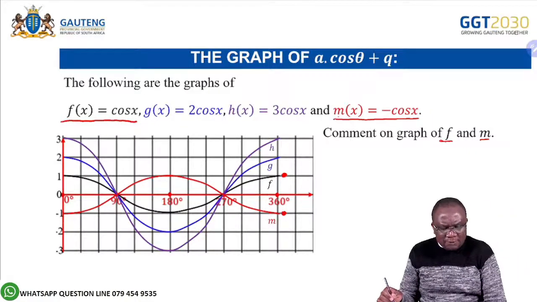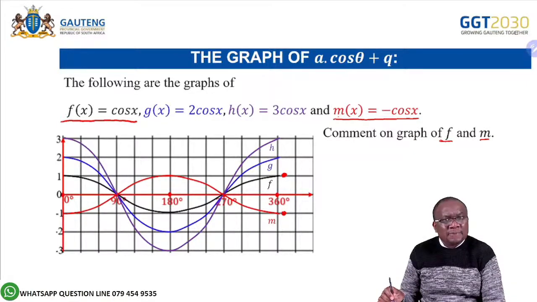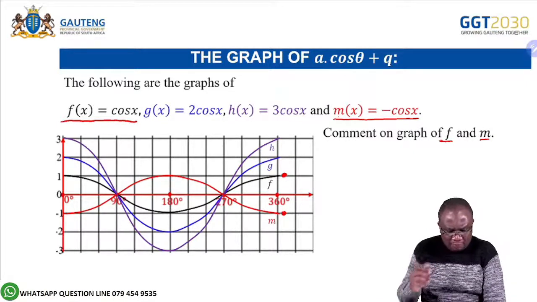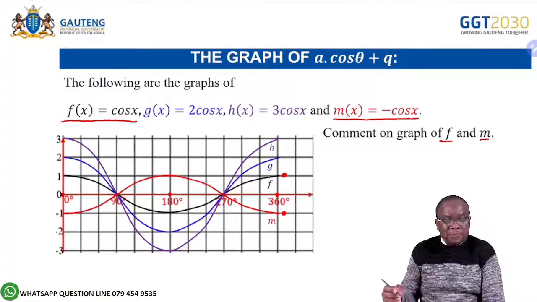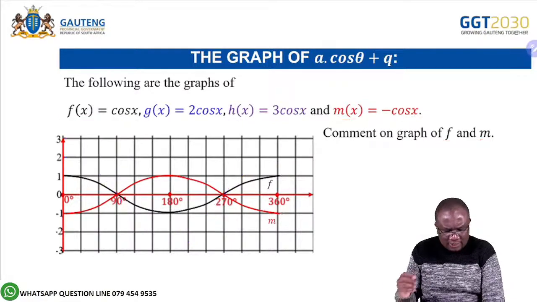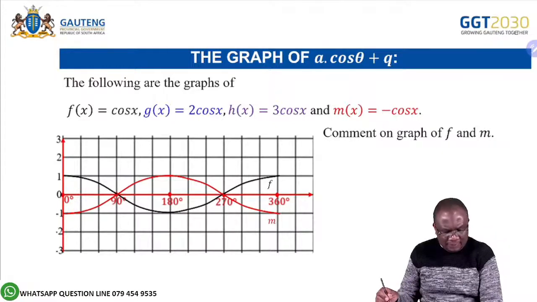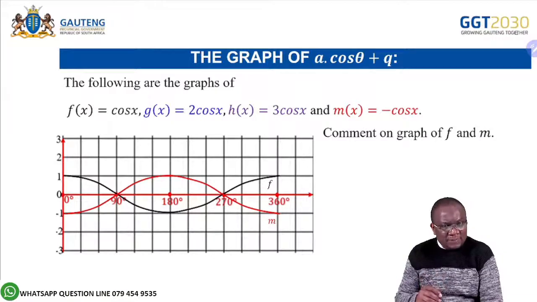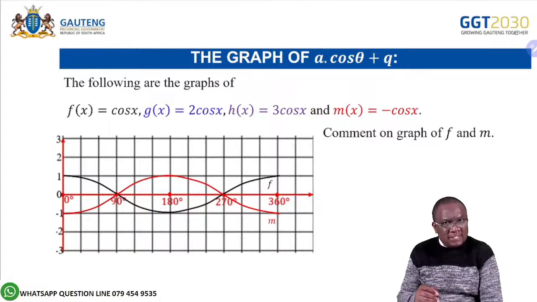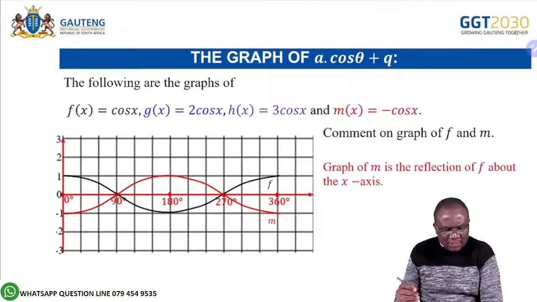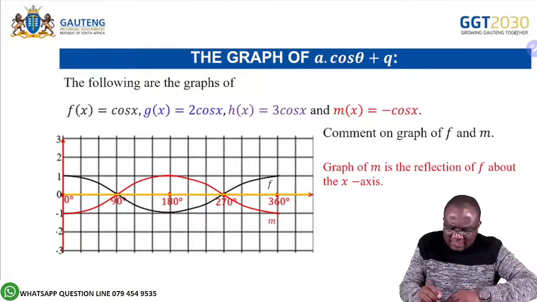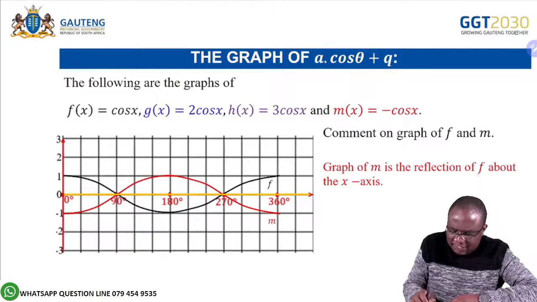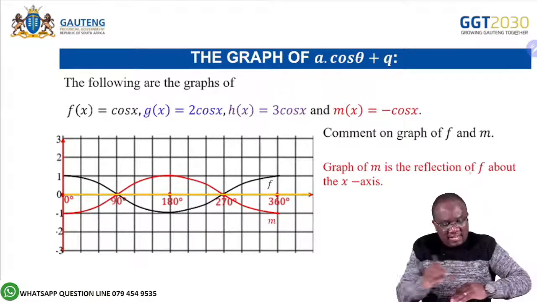What do you recognize if you look at those two graphs, the red graph and the black graph? Let me remove the other graph so that we just look at these two. We're left with these ones. What do you see? It's like the other one is a reflection of the other, isn't it? We have a line of reflection here, which is like the mirror. So we're saying the graph of M is a reflection of F about the x-axis.